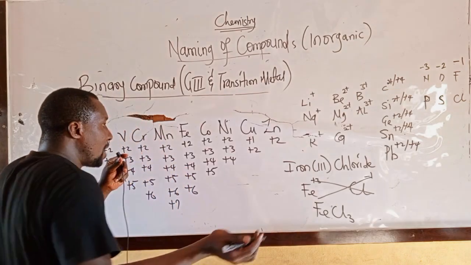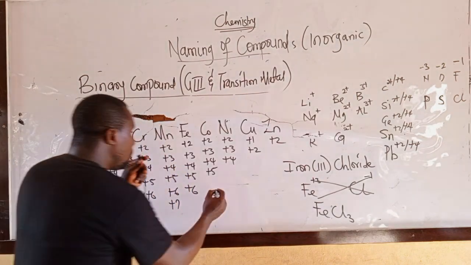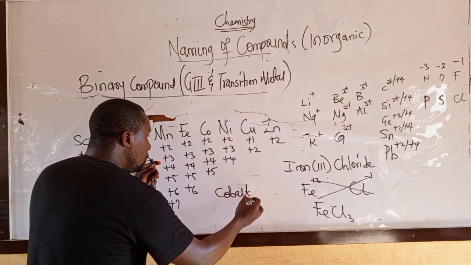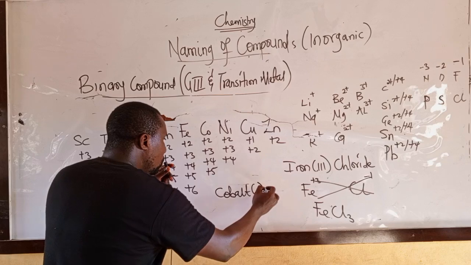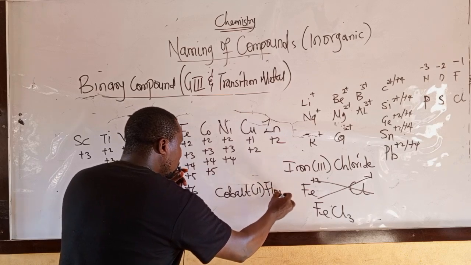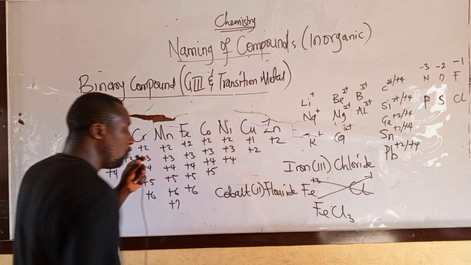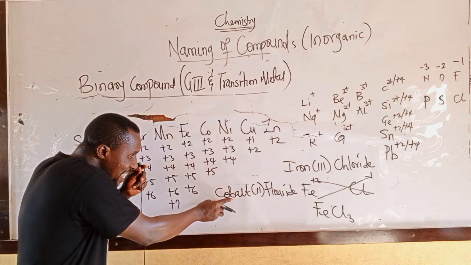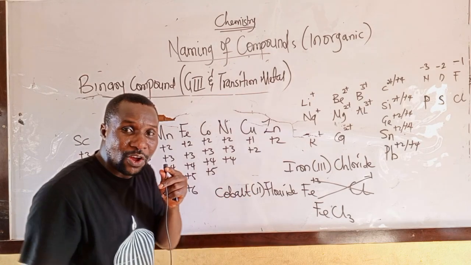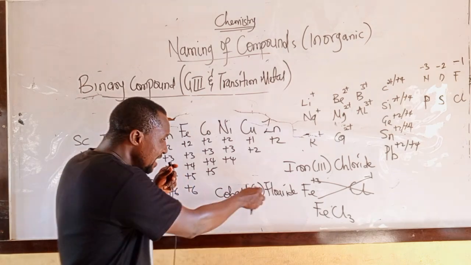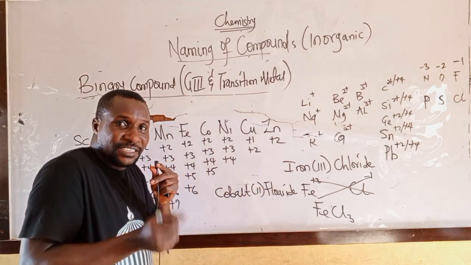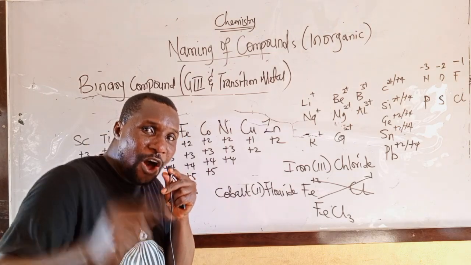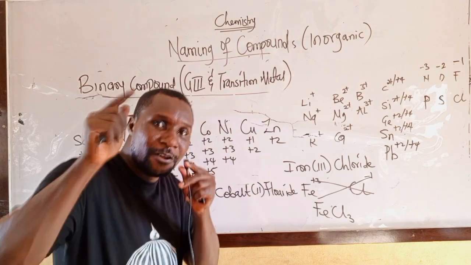If you have cobalt(II) fluoride, what happened? The II indicates that the oxidation number of cobalt is +2. The Roman numeral in the bracket indicates the oxidation number of that transition metal.